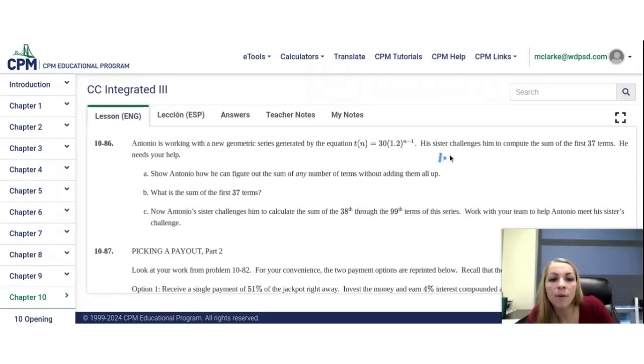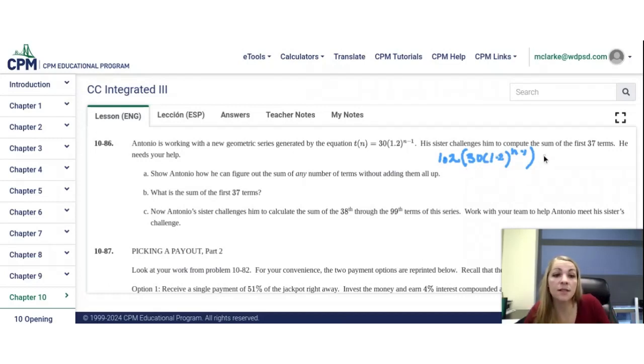So 1.2 is that rate, okay? So the rate times the last term, well, that's going to be generated by this equation, okay? And whatever I put in will give me the last term.